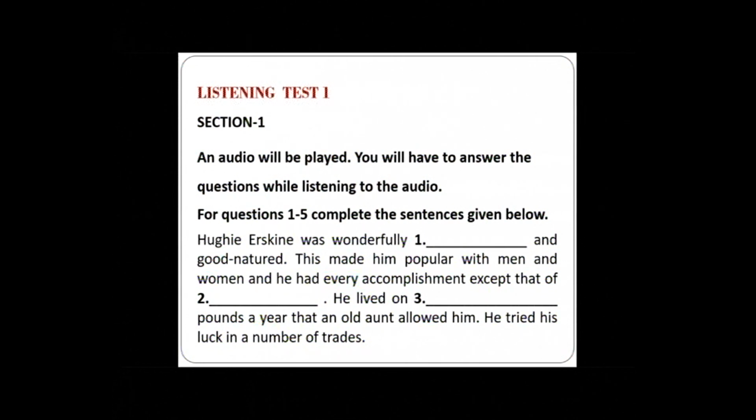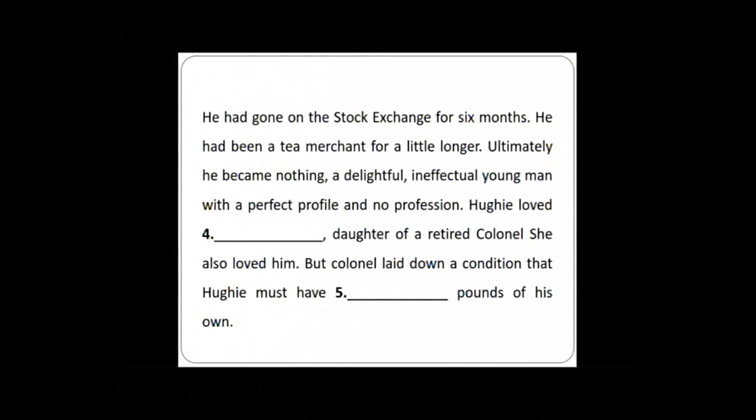He tried his luck in a number of trades. He had gone on the stock exchange for 6 months. But what was Butterfly to do among bulls and bears? He had been a tea merchant for a little longer, but had soon tired of Pekoe and Souchong.